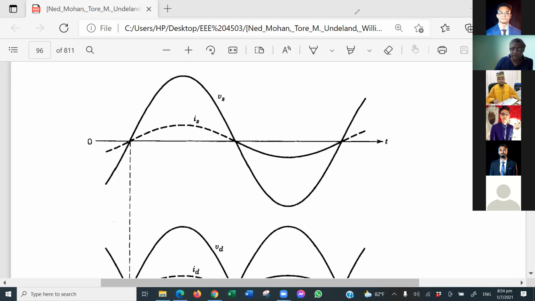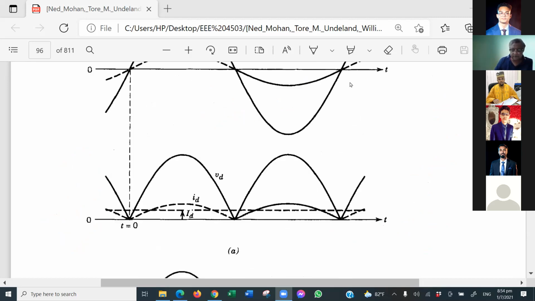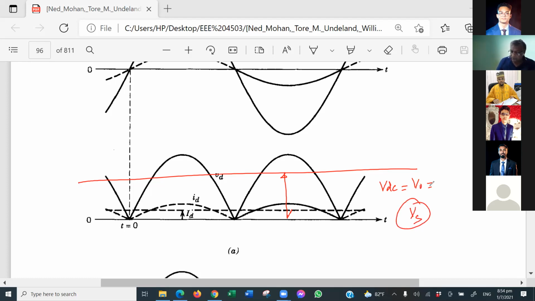Let me go to the next one. Okay, now look at the ratio of the output voltage. If you want to find out the DC value, do I need to derive it? I have already told you, in terms of VS. What should be the output DC voltage?